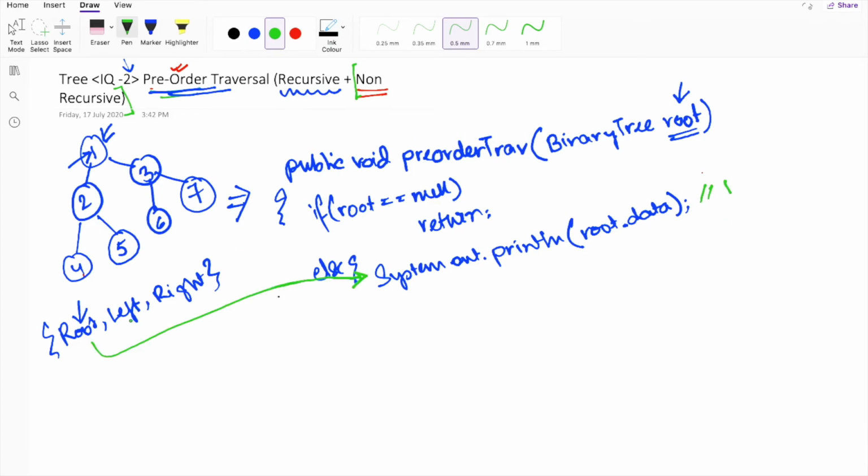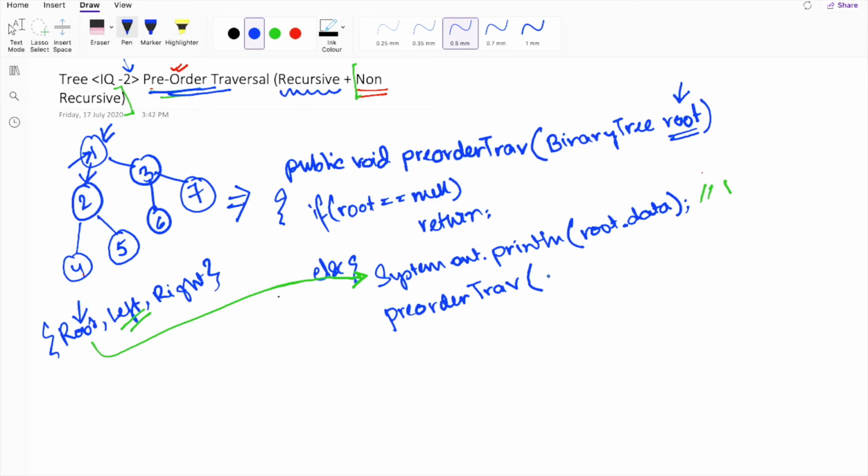Now the next step is that we need to iterate to the left hand side subtree. So here we will write a recursive call to implement this. So we will call this function again as a recursive one. We will again call this function to do the same activities, but this time by sending the left hand side subtree.